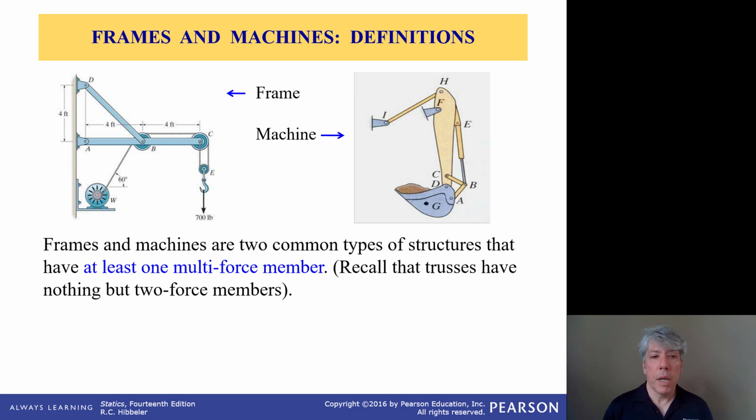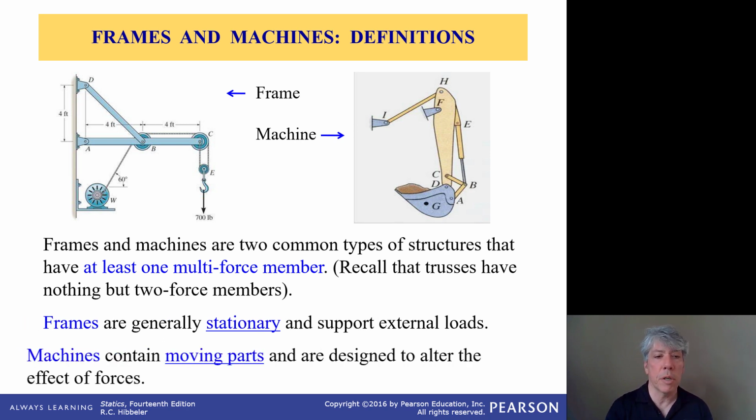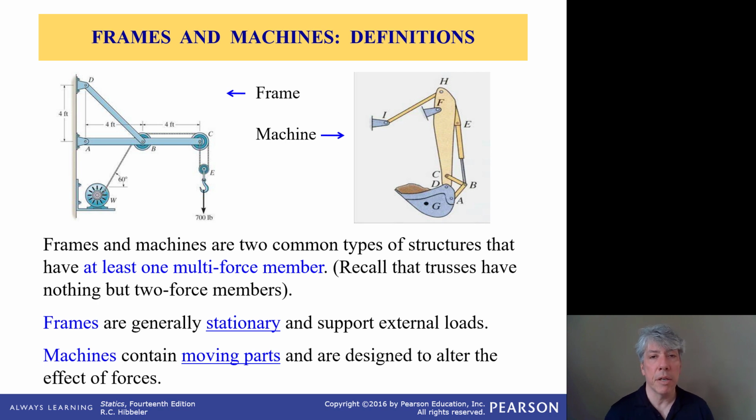Now, machines, on the other hand, are a little bit different. Frames are usually stationary and they support external loads. Machines, on the other hand, involve moving parts that are designed to move and thereby alter the effect of forces applied to the machine. And so that's the distinction between frames and machines, is that machines are designed to move and apply force through distance in a way that changes the effect of those forces.